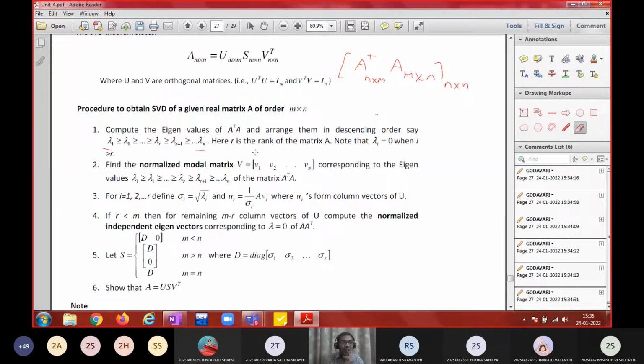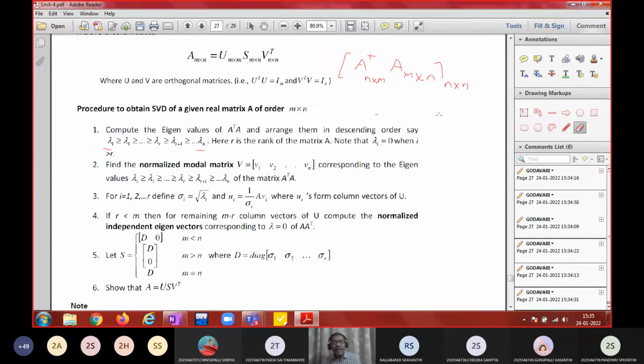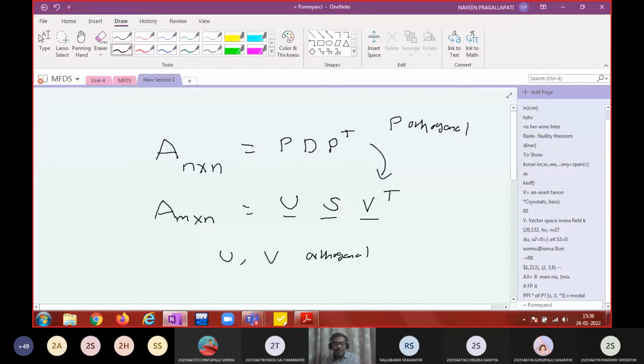Next, find the normalized modal matrix V. That means you find the eigenvectors corresponding to all these eigenvalues. Then using those eigenvectors you create an orthonormal basis, putting each vector as a column vector of the matrix. That is the normalized modal matrix I have shown here.